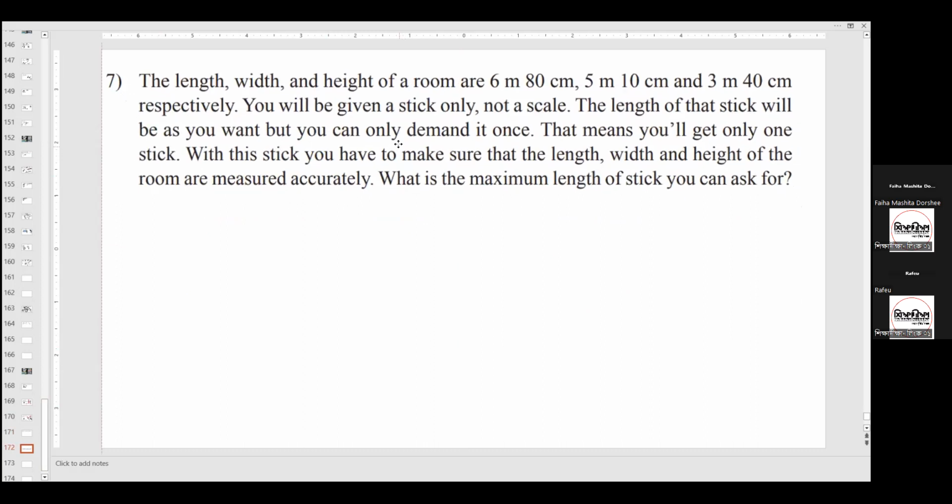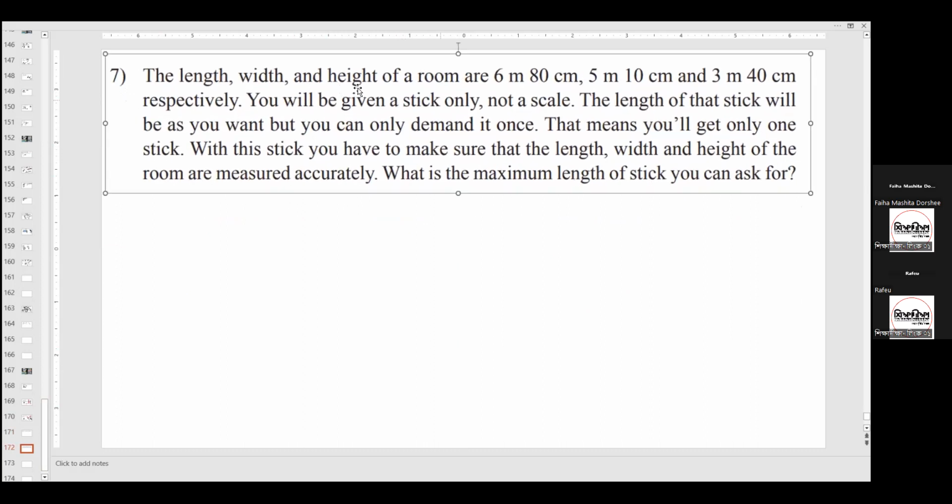The length, width, and height of a room are 6 meter 80 centimeter, 5 meter 10 centimeter, and 3 meter 40 centimeter. Let's simplify this into centimeters. We are told that you'll be given a stick only, not a scale. The length of that stick will be as you want, but you can demand it only once, which means you will get only one stick.